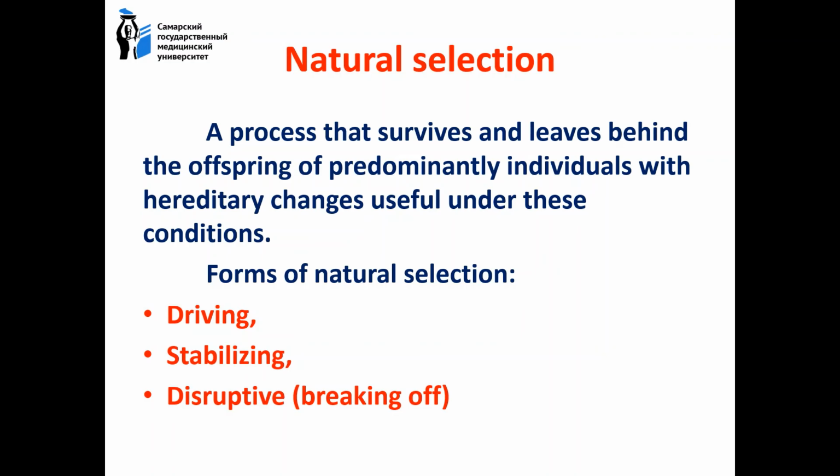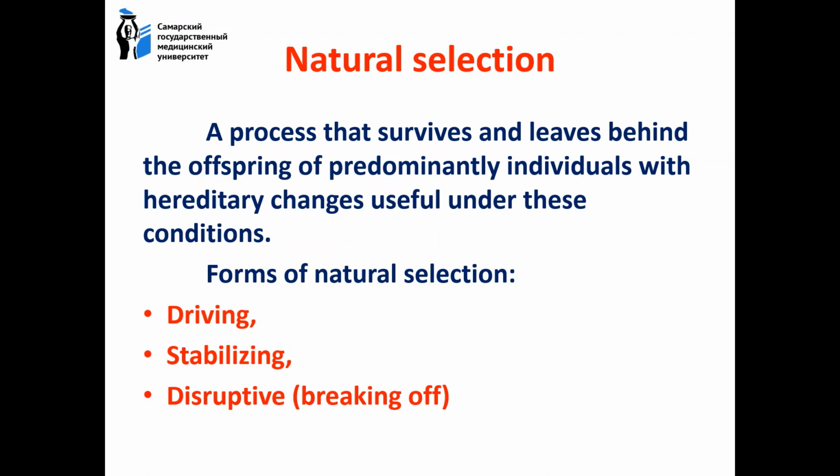And the next form of natural selection is disruptive, or breaking off, in which the extreme variants of the feature are preserved and its average values are removed, contributing to the emergence and maintenance of population diversity.